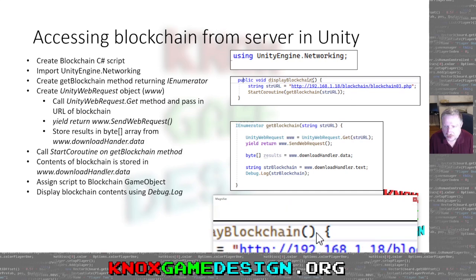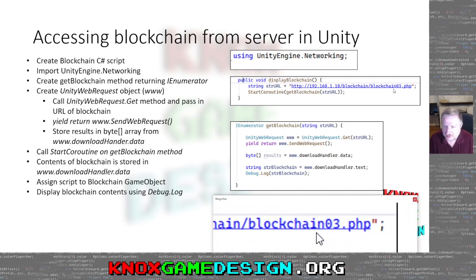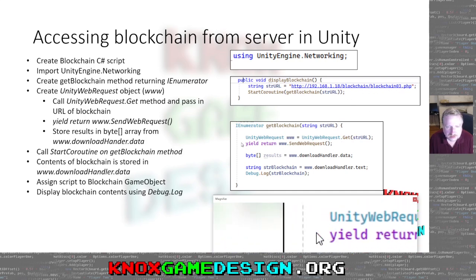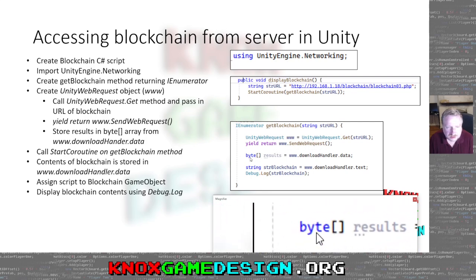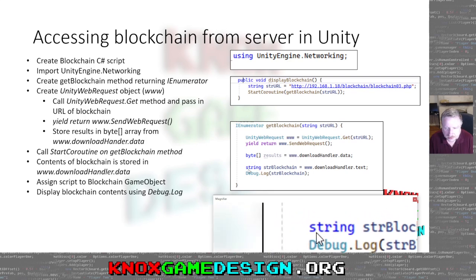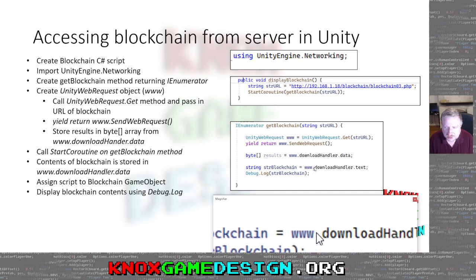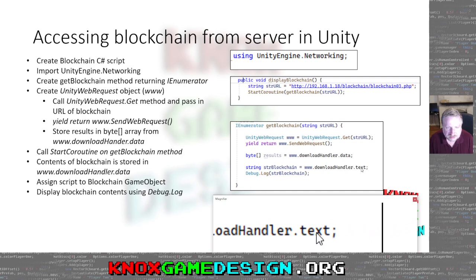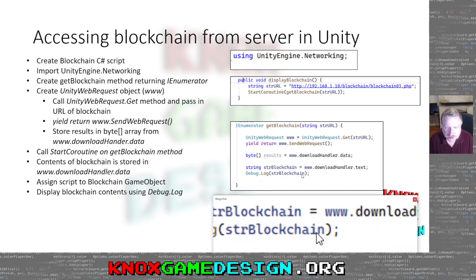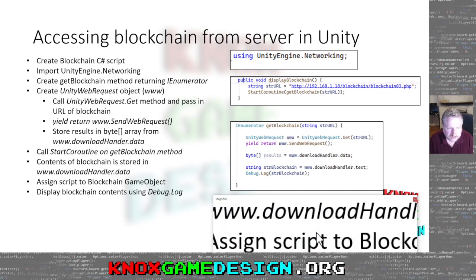Then we get the URL of the blockchain, which is defined right there, and we yield return www.SendWebRequest. The results get set in a byte array, www.downloadHandler.data, and then the string blockchain gets the value of www.downloadHandler.text. Then we print out that blockchain right there.